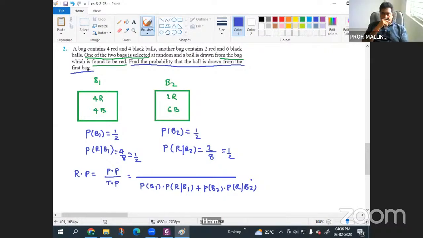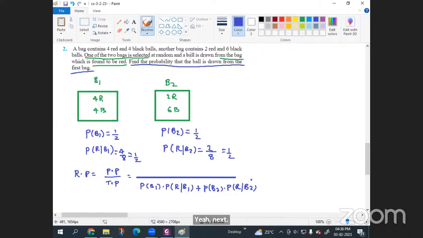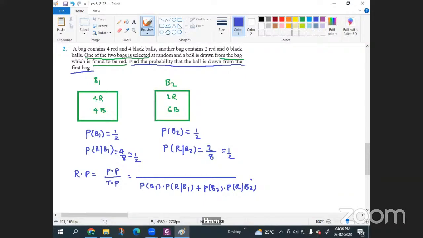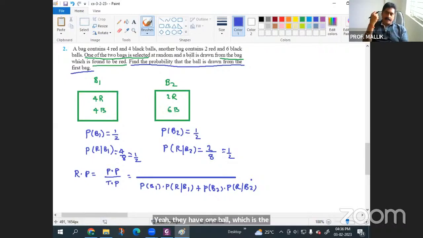One of the 2 bags is selected at random, and a ball is drawn, which is found to be red. Yeah, they have taken one ball which is red. Finally, they found that it is red.